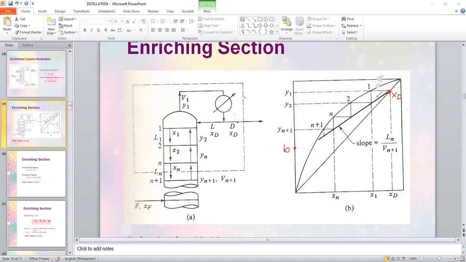You will be able to produce a line. So connecting the xd point on the 45-degree line to the vertical axis where you place your y-intercept value as computed will make this line here.